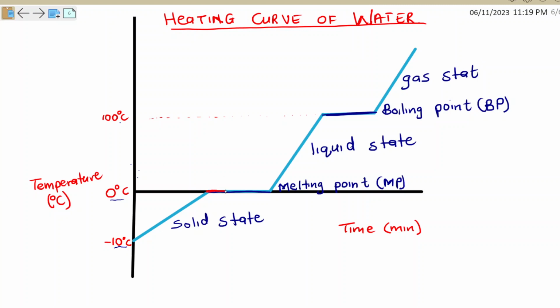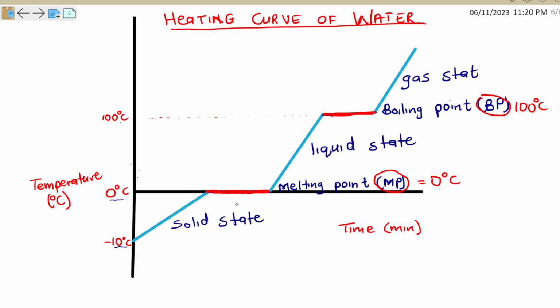We have this point, which we call the melting point. The melting point of water is 0 Celsius degrees. Then we have the second point, which we call the boiling point. The boiling point of water is 100 Celsius degrees.